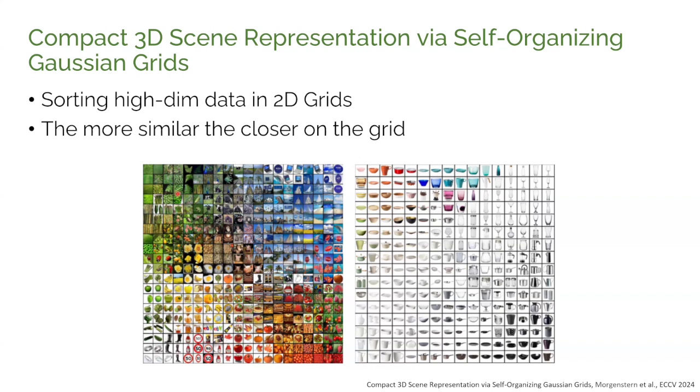Here is an example of the images, and each image is also a high-dimensional vector, and they rearrange these images into 2D space. Similar images are close to each other, and if they are different, they are far away. Once you construct this 2D grid feature representation, you can apply an existing 2D image codec to compress it.